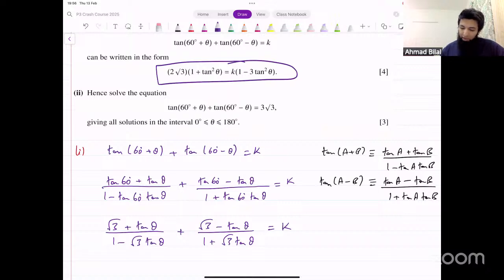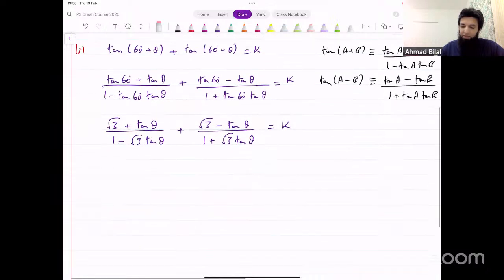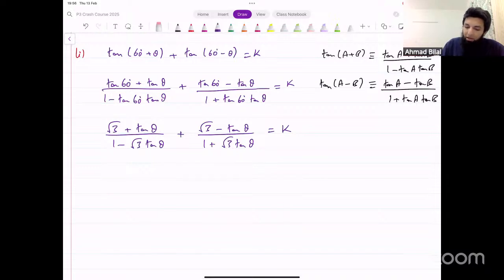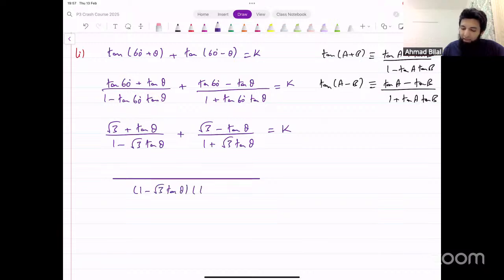Okay, so how do you go from this form to that form? You have 1 minus 3 tan square theta. We have tan square somewhere, so we have to multiply tan with each other to get tan square somehow. What we can do is take the LCM of these two fractions. What do we get in the denominator? 1 minus square root of 3 times tan theta, times 1 plus square root of 3 tan theta, right? The denominators get multiplied. And if you notice, this is actually in (a minus b)(a plus b) form.